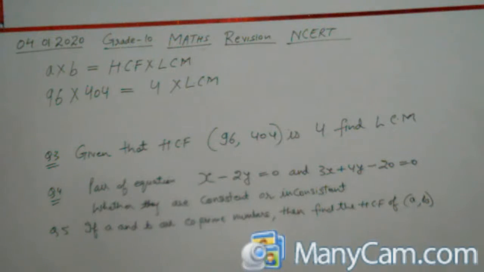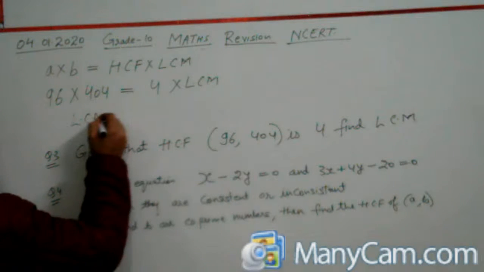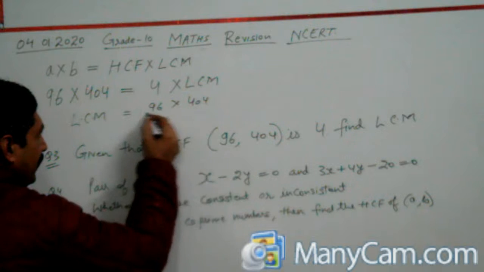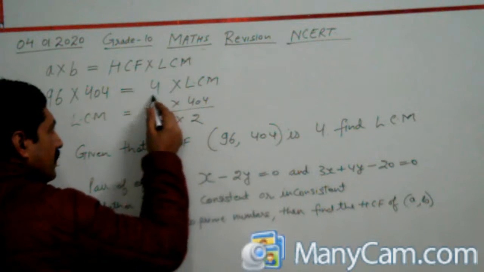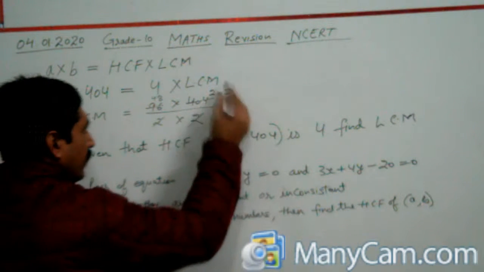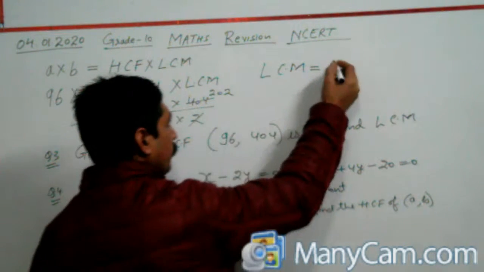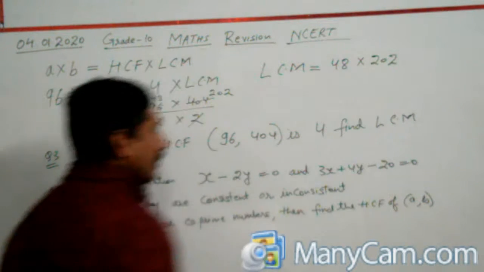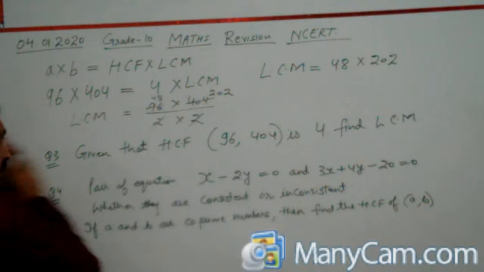So here what we can do, we can write LCM is equal to 96 into 404 divided by 2 into 2, right? So one number here is 48 and another number is 202. So what is the LCM? Multiply your 48 into 202. We will multiply the numbers.